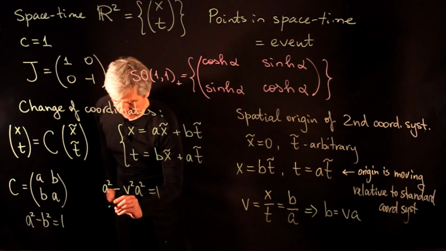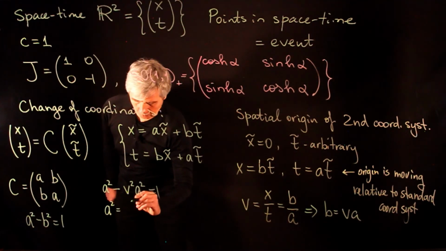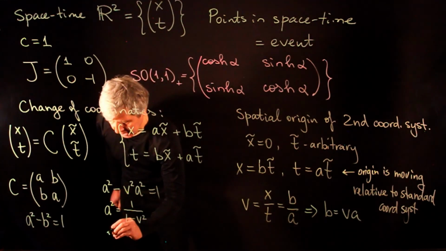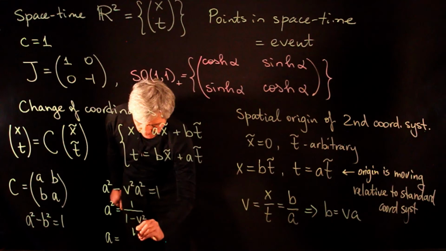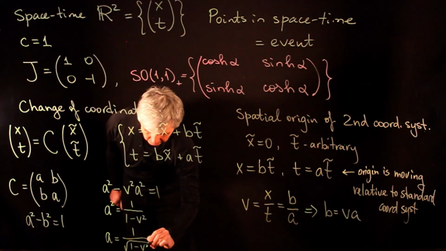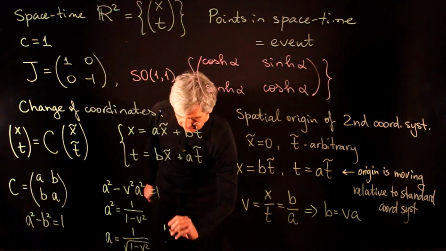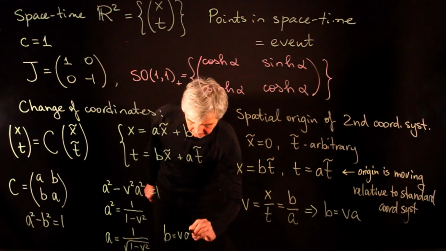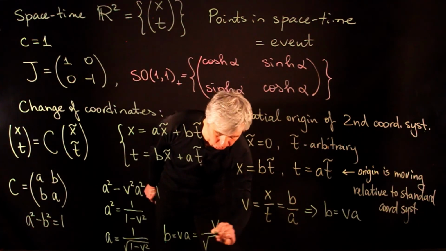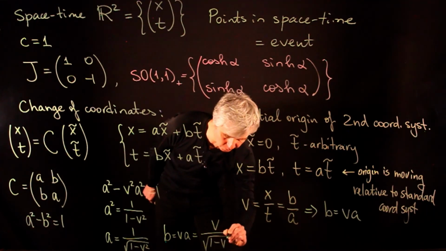So this means that a squared is 1 over 1 minus v squared, and a is 1 over the square root of 1 minus v squared, whereas b, which is v times a, is equal to v over the square root of 1 minus v squared.